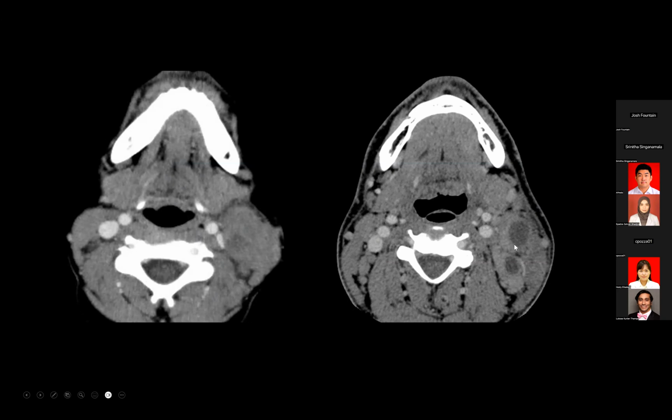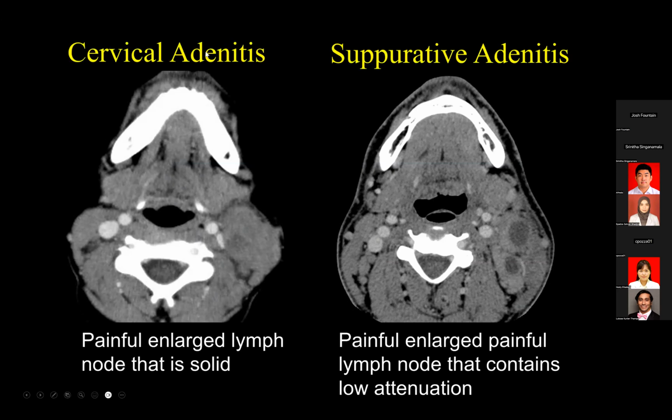And the first thing that we have to get our definition correct is that although you can argue that the pathophysiology is similar, that they're both due to infections, the one on the left is really cervical adenitis. So an adenitis is a painful enlarged lymph node that's solid. Now, if you end up having a painful enlarged lymph node that contains low attenuation, such as this, you can see the low attenuation.